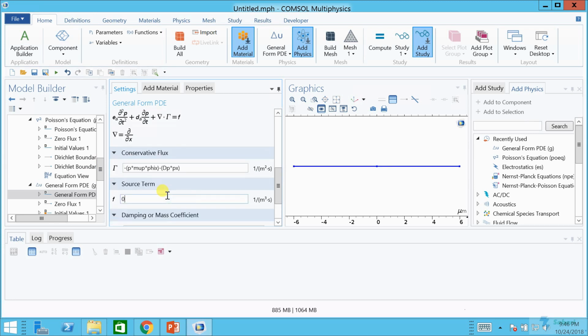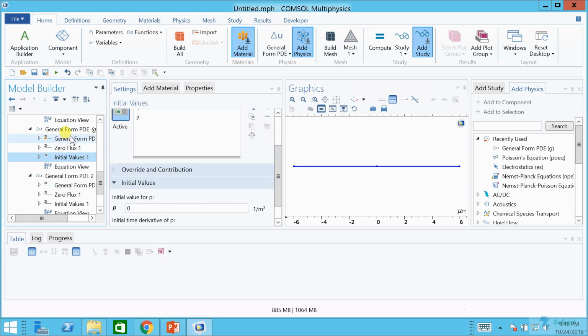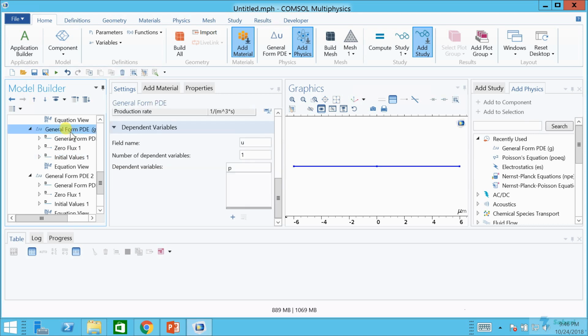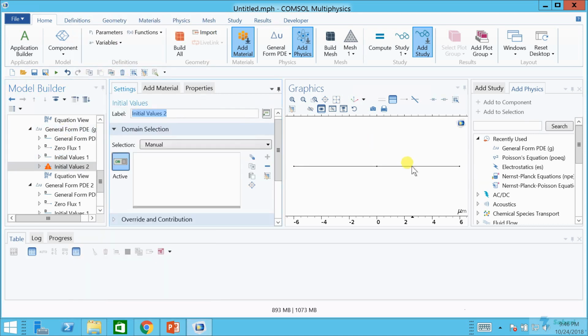So we got it. Next, what we're going to do in the initial values, actually there are two initial values because the holes will be there in the p region, and the holes will be there also in the n region. So I'm going to give another initial value. I'm going to select the domain of n region and the p region.